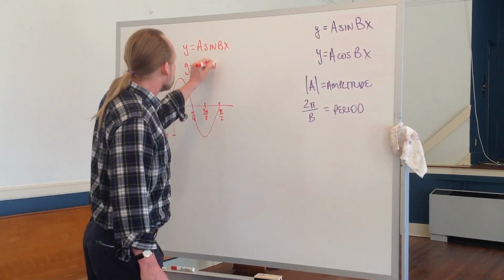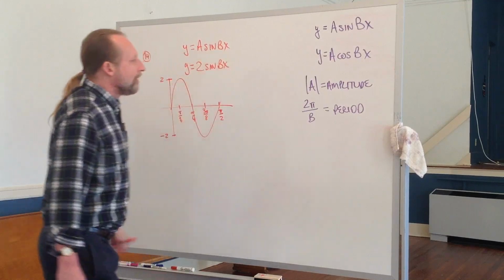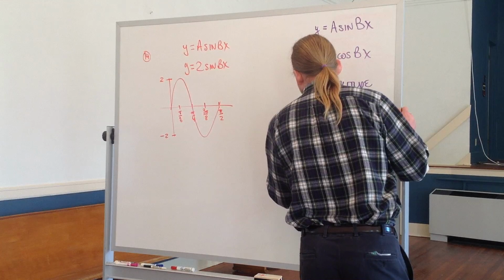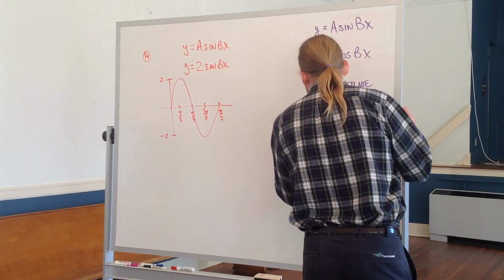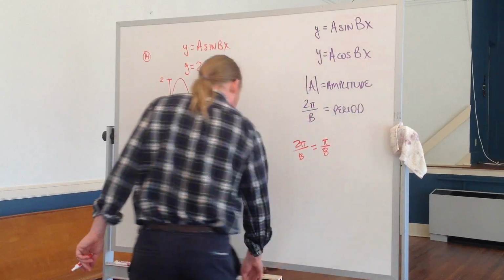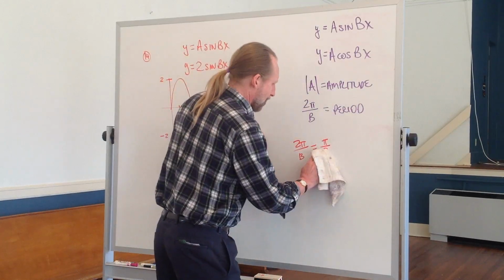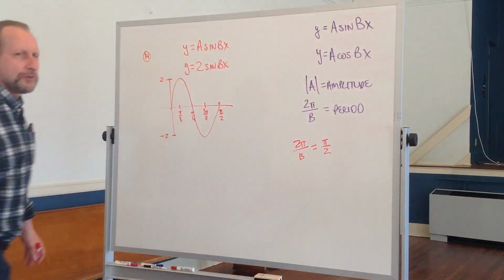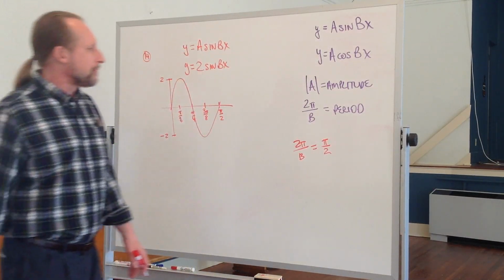2 sine bx. Well, the b is related to the period. So 2 pi over b is equal to pi over, not pi over 8, pi over 2. Now you can do a variety of things to solve this for b.